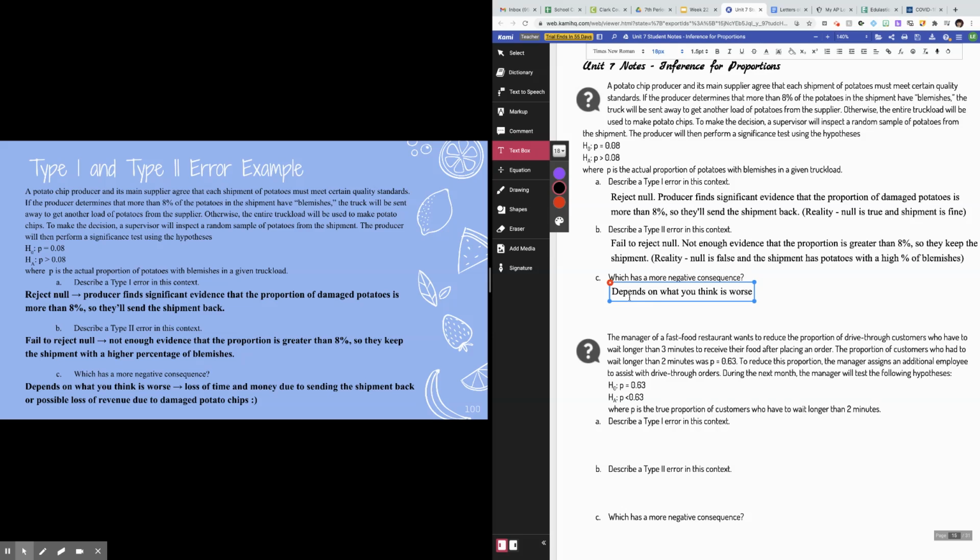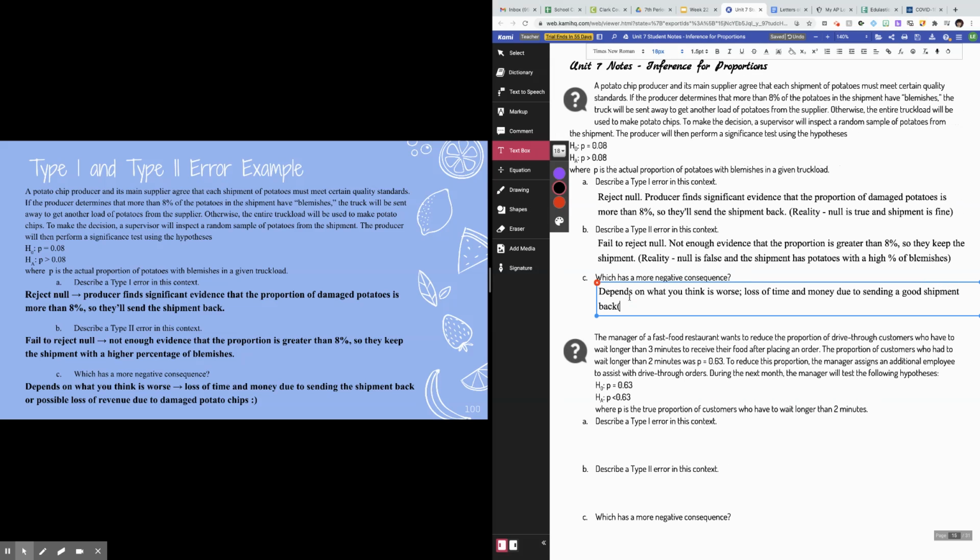Because you have one of two consequences here. Either you have a loss of time and money due to sending a good shipment back. That would be the consequence of a type 1 error.